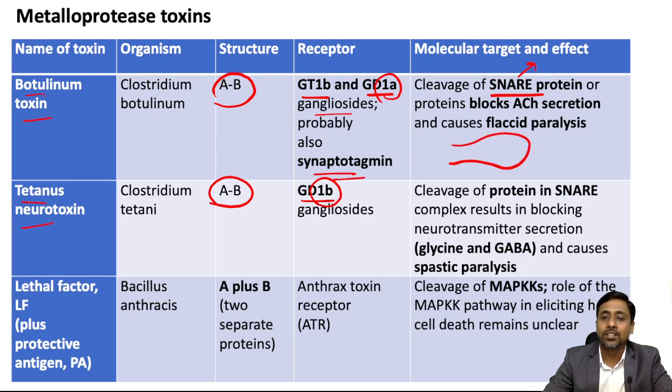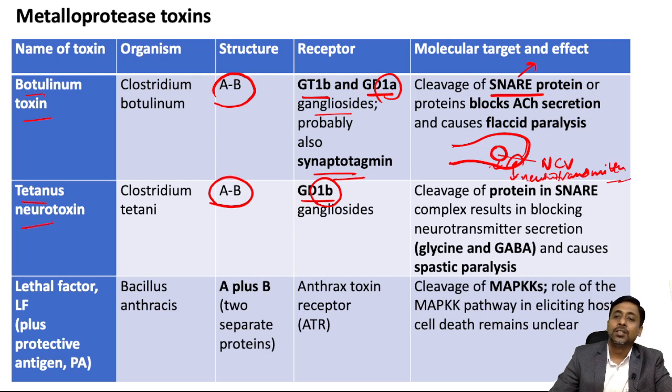Suppose this is the synaptic end and this is the presynaptic terminal, and here the neurotransmitter containing vesicles are present. This neurotransmitter containing vesicle will fuse with the presynaptic membrane, and then it will release the neurotransmitter which is responsible for synaptic transmission.